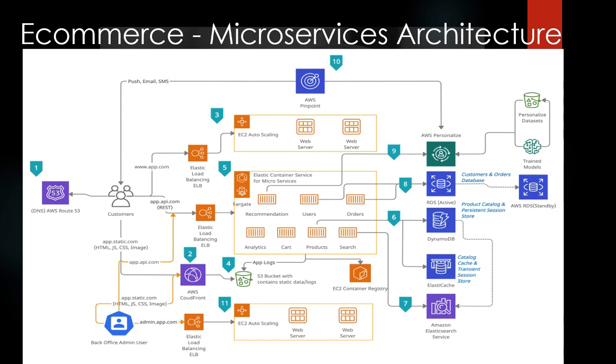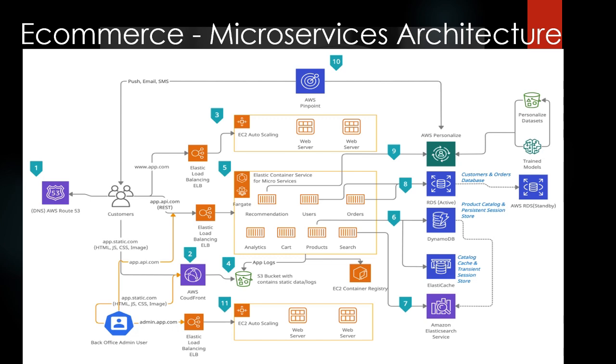So that's how we have the front end, we have the web server, the app servers hosted with EC2 auto scaling, and then we have the load balancer for distributing the load, and we have different databases for different kinds of data, and CloudFront as the content delivery network for catering to the customers closer to their region.